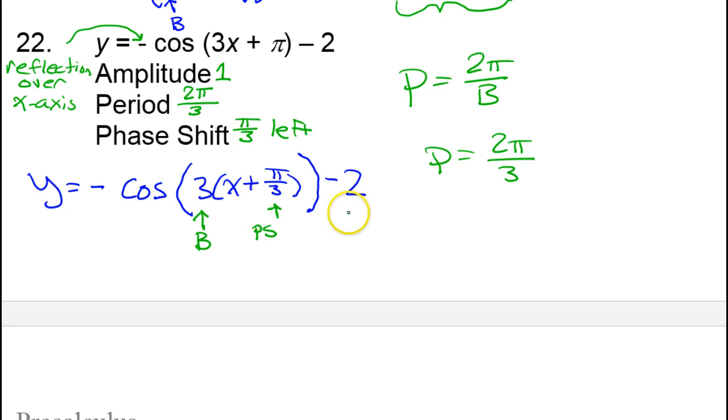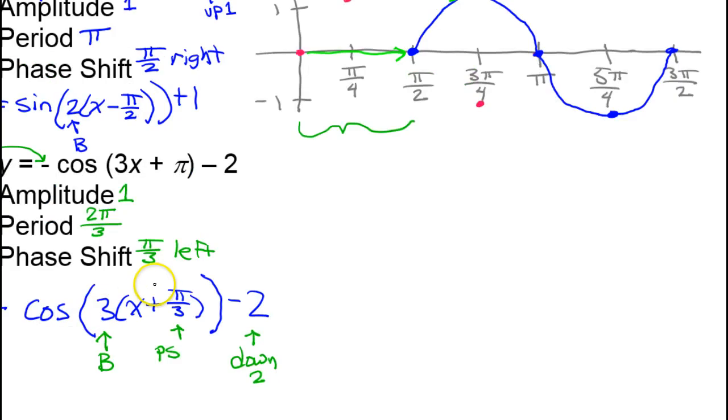And then this negative 2 on the end means the graph will be shifted down 2. This should be enough information for me to draw the graph. It's going to be to the left, so I'm going to leave a little extra space to the left. All right, so here I go. Here comes my graph.